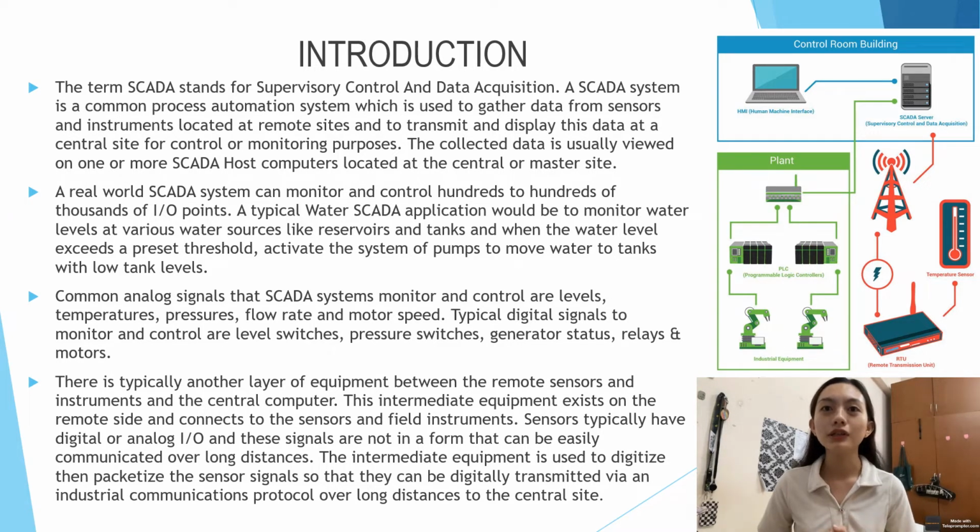The intermediate equipment is used to digitize then packetize the sensor signals so that they can be digitally transmitted via an industrial communications protocol over long distance to the central site.